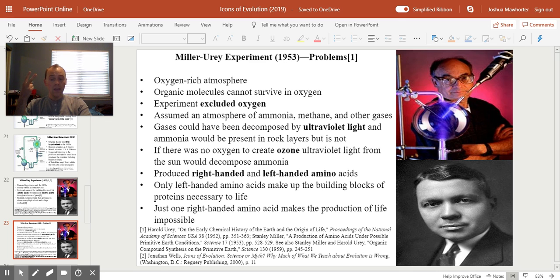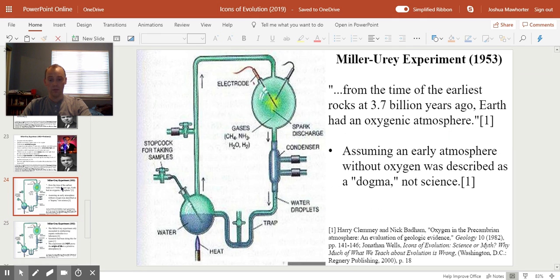Number three, they produce left-handed amino acids, which could potentially say something in the direction that they want their experiment to go, but they also produce right-handed amino acids, which cancels out the potential for the emergence of life completely. Okay, so this experiment is very limited in what it was able to demonstrate.